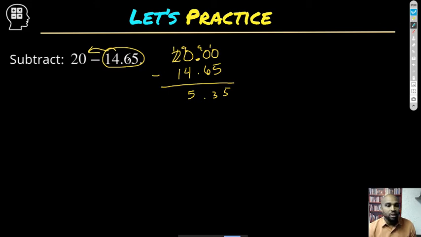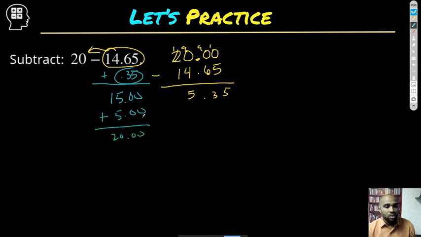I'm going to add 35 cents to get to the closest dollar. Adding 35 cents to 14.65 gets me to $15. So what did I add so far? All I added was 35 cents. To get to $20, I need to add another 5. That'll get me to $20. So what I've added is 5 and 35 cents. That'll be 5.35 as a total.